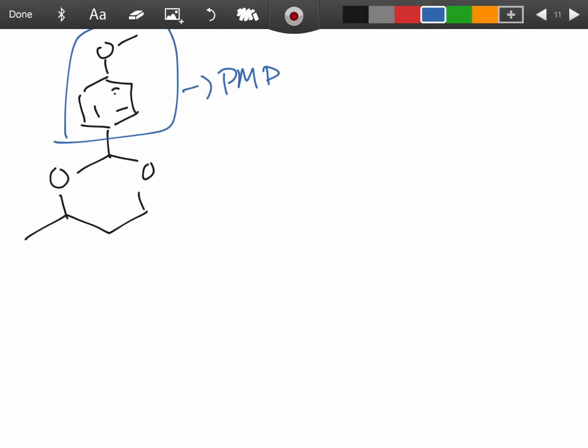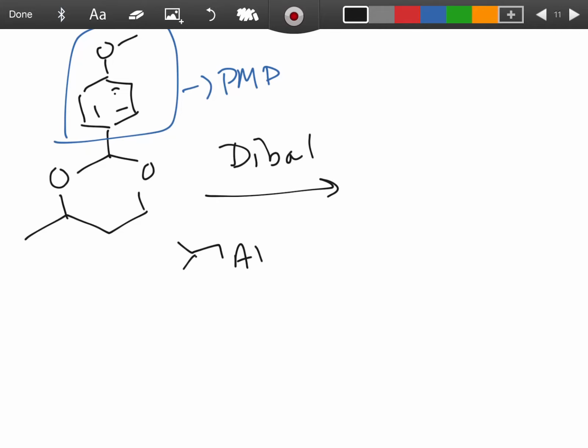And if you remember, DIBAL is a reducing agent, right? It has one hydride. It can reduce aldehydes to alcohols, ketones to alcohols. It can reduce esters to alcohols or aldehydes depending on the conditions. But the thing that matters here is DIBAL has aluminum as the metal, right?